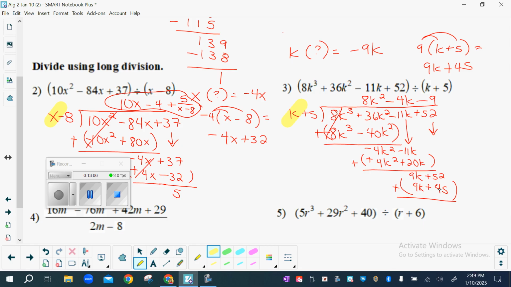So when we distribute that negative, it becomes a negative 9k and a negative 45, which adds to 7. How do we write a remainder? Plus 7 over k plus 5. Good. So if that was a negative 7, we would write it as minus 7 over k plus 5.